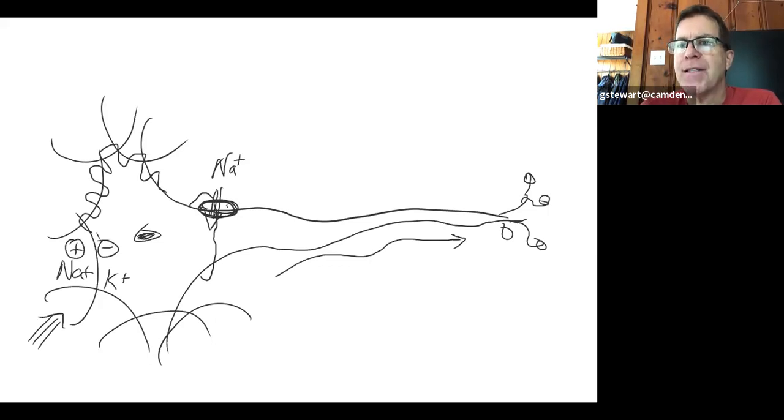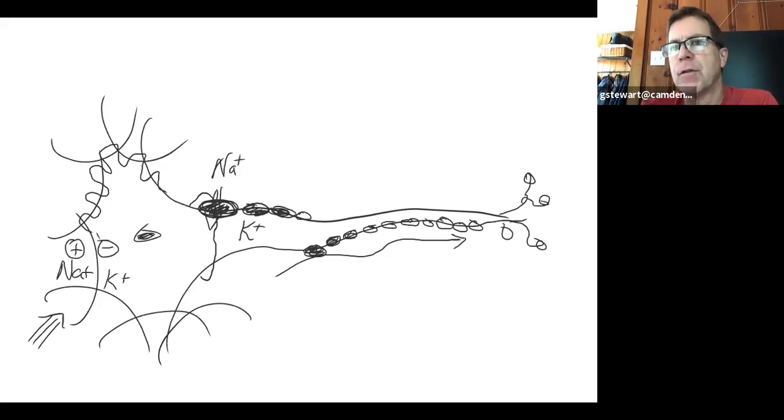Now, as these gates open one by one, the sodium channels all the way down the axon, these gates upstream start to close. They close shut after they've opened. So as these doors are opening, the doors behind them start to close, and then potassium gates open.